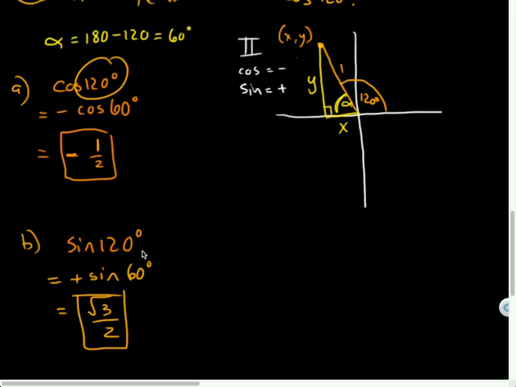Sine is the ratio of y, the opposite here, over the hypotenuse, and that ratio is the square root of 3 over 2. Cosine is the ratio of the adjacent over the hypotenuse. So cosine in this case is 1/2, and in this case it's negative 1/2 because x was in the negative direction.